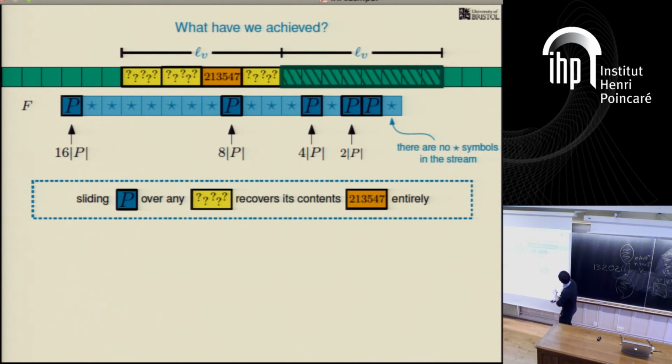We want that because, if you go a level up, we have an unknown stream where this stuff is fixed and this stuff is unknown.